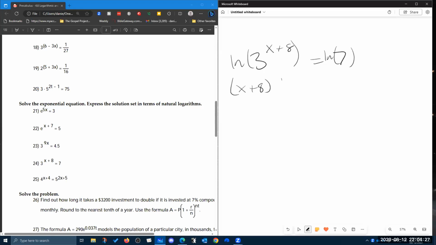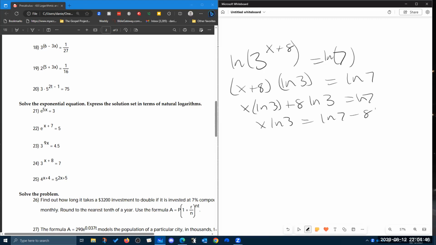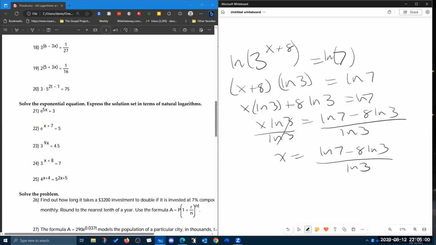So x plus 8 ln of 3 is equal to ln of 7. x ln of 3 plus 8 ln of 3 is equal to ln of 7. x ln of 3 equals ln of 7 minus 8 ln of 3. Divide by ln of 3 on both sides. And x is exactly equal to ln of 7 minus 8 ln of 3 over ln of 3.